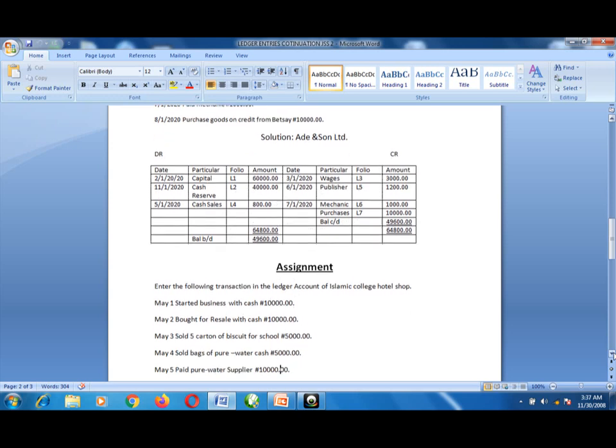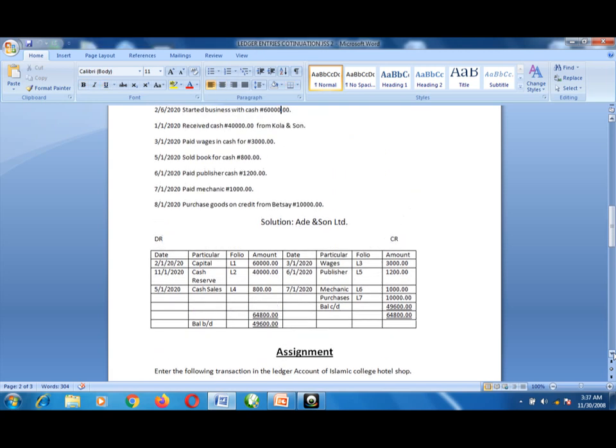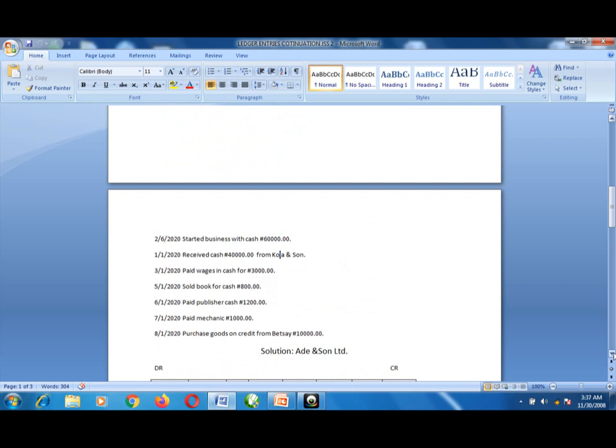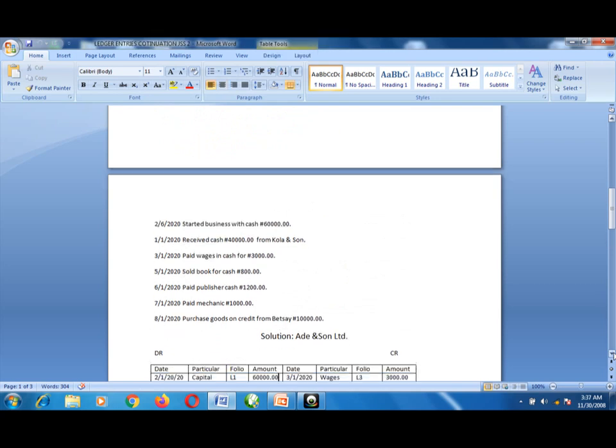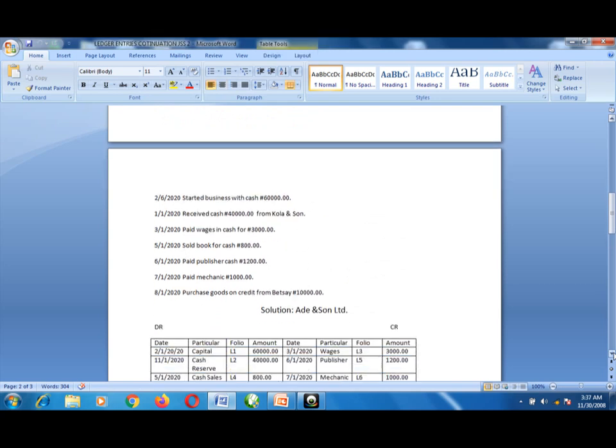You have to follow your double entry principle as well. That is debit side and credit side. This is the posting of that account. Capital. Our capital there, the money that he used to start that business, is 60,000 naira. You have to record it at the debit side because that is the receiver side.